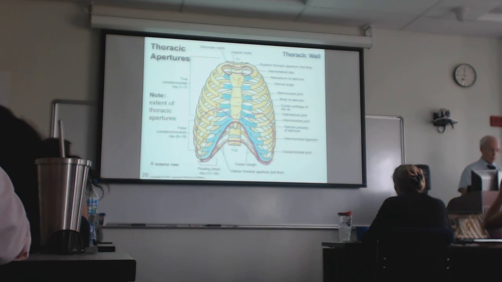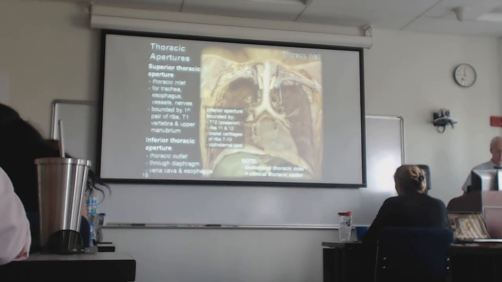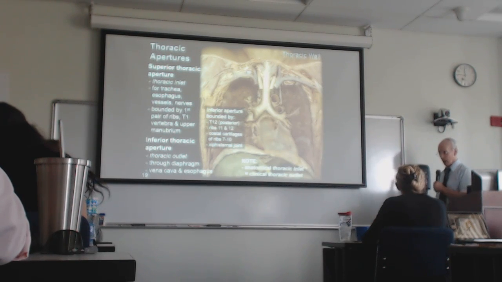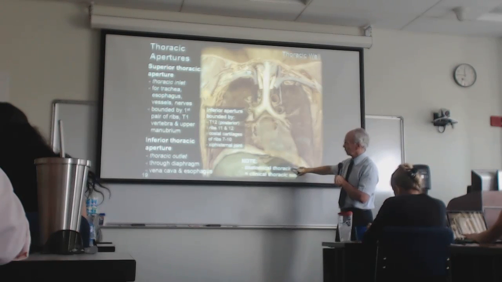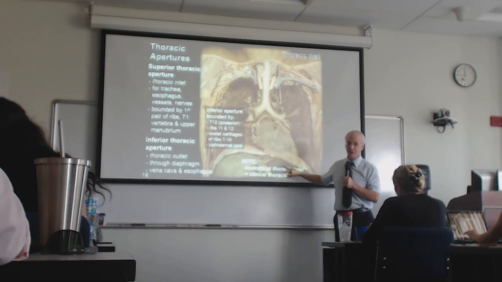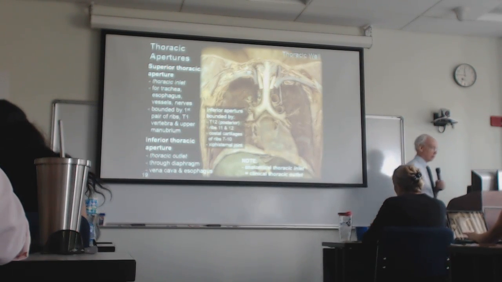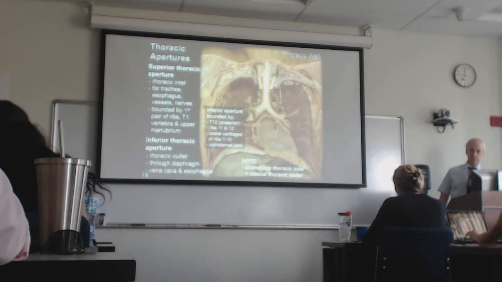So be aware that anatomically, this is the thoracic inlet. You, as a PA, will have to deal with something called thoracic outlet syndrome. And what you need to appreciate is the anatomical inlet is the clinical outlet. All right?